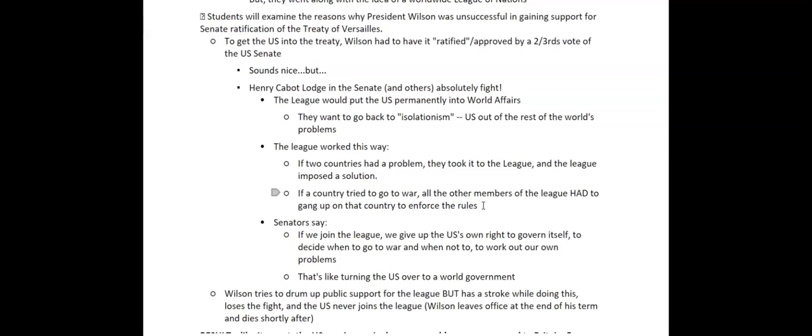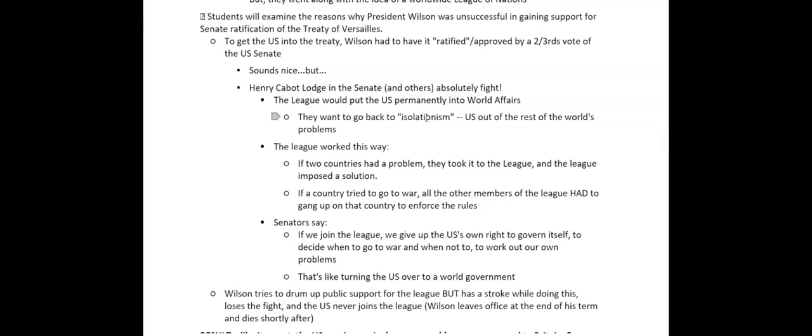But that meant if you joined the League, you were agreeing to let the League tell you how to solve your problems, and you had to agree to let the League tell you when you went to war against a member that was out of line and when you couldn't. The senators, starring Henry Cabot Lodge, wanted the U.S. to get out of all of this, to go back to isolationism.